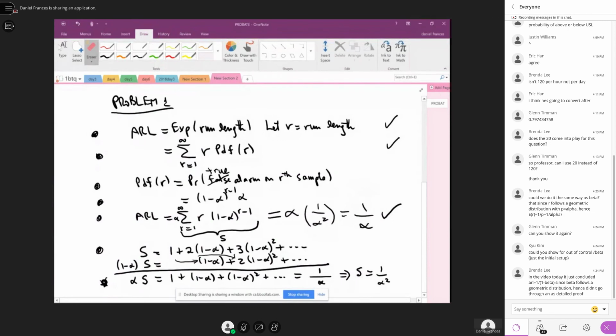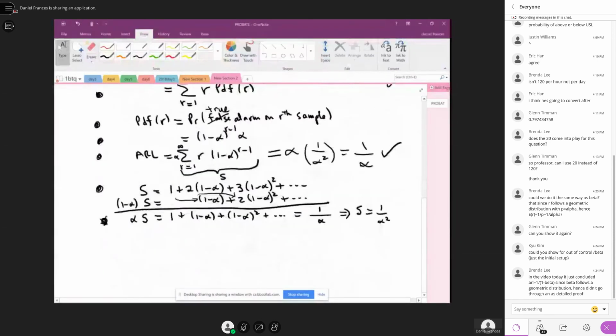I need to draw that little box, the box that has alpha, 1 minus alpha. It's beta, and 1 minus beta.